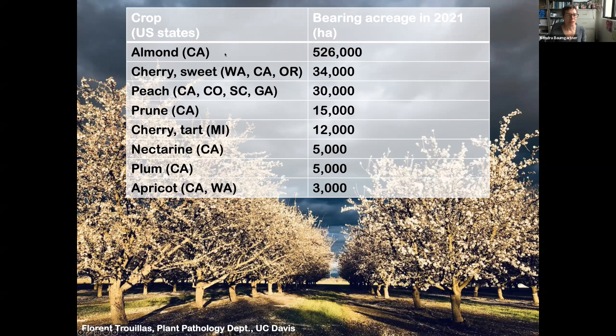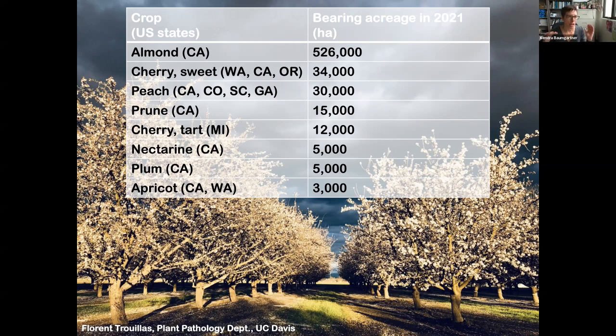Almonds are exclusively grown in California in the United States, and they far exceed acreage for all of our other Prunus species, which are stone fruits. I just also want to mention that a few of these on here, peaches, are grown primarily in California, but also in some other states in the US. The Rocky Mountain state of Colorado, you might think of snow and skiing.